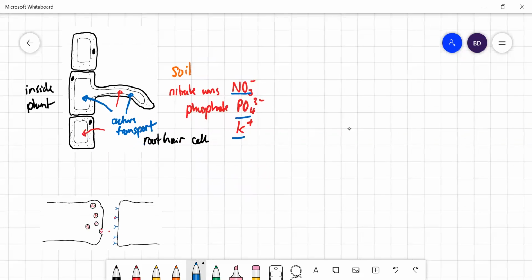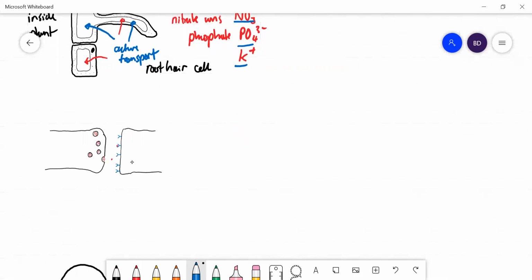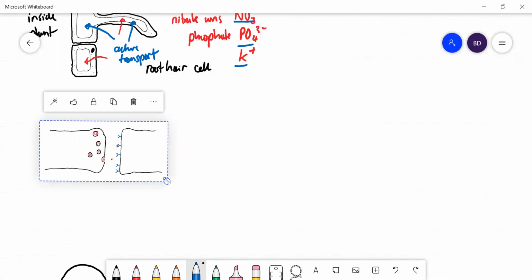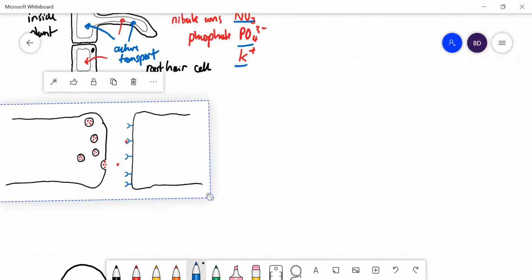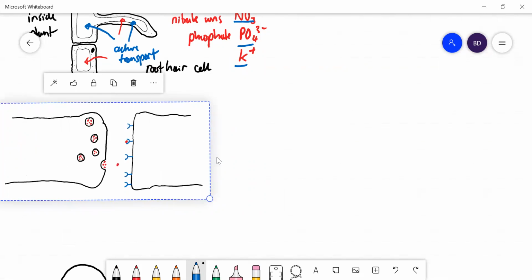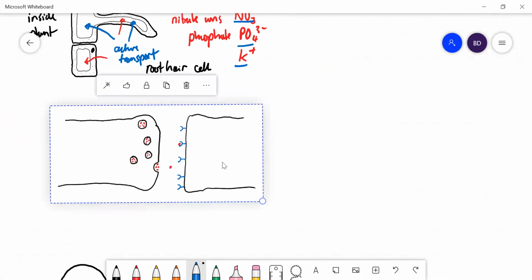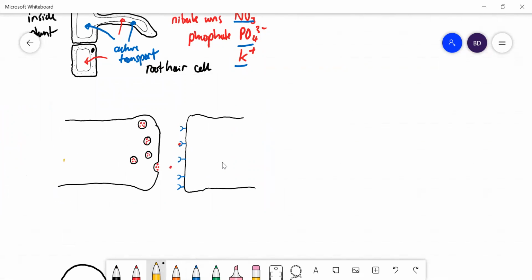Right, here's another example. If you've done the nervous system, you might recognize this is a synapse. On this side we have one nerve cell, and this is another nerve cell, and the impulse can't jump across this gap.